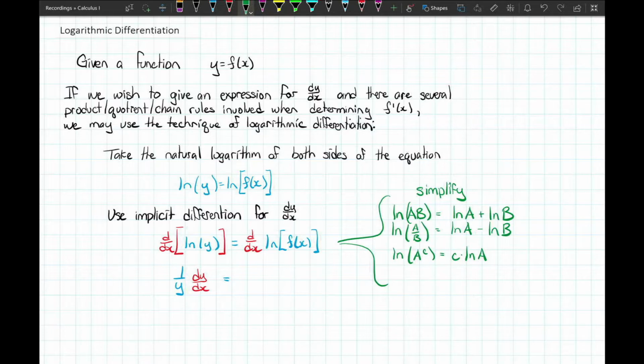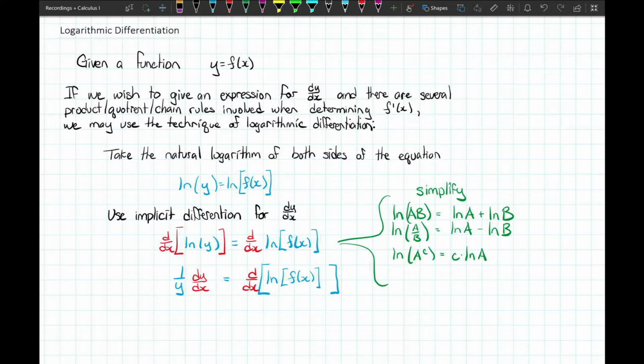So rather than just using the chain rule and product rules, hopefully that right-hand side can be simplified, and then we can just differentiate each of the individual logarithms. I'll just continue to write that as the derivative of that right-hand side, which will become a lot easier than differentiating the original function.